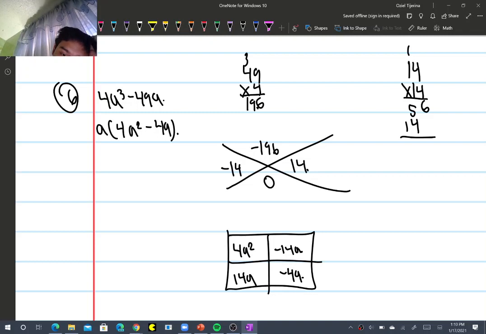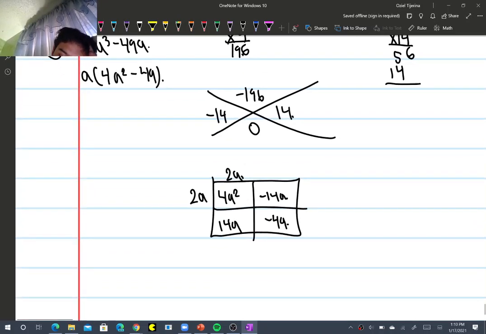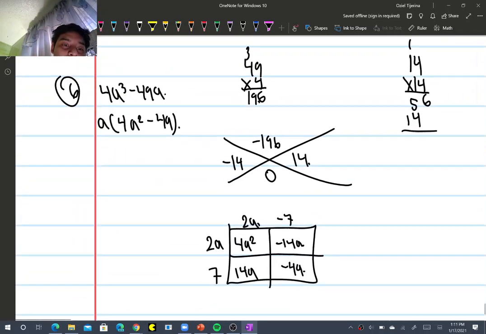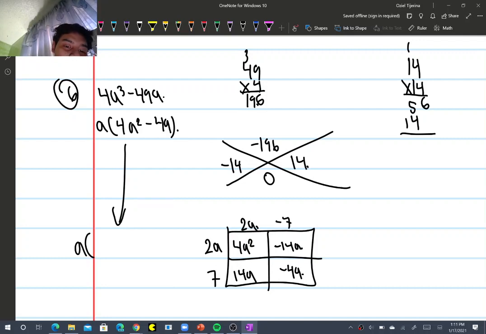So if we do 2a and 2a here, then negative 14a divided by 2a is negative 7, and then 7 times 2a is 14a, and 7 times negative 7 is negative 49. So our answer for this one would actually be a times 2a plus 7 times 2a minus 7. And that would be our answer for this one.